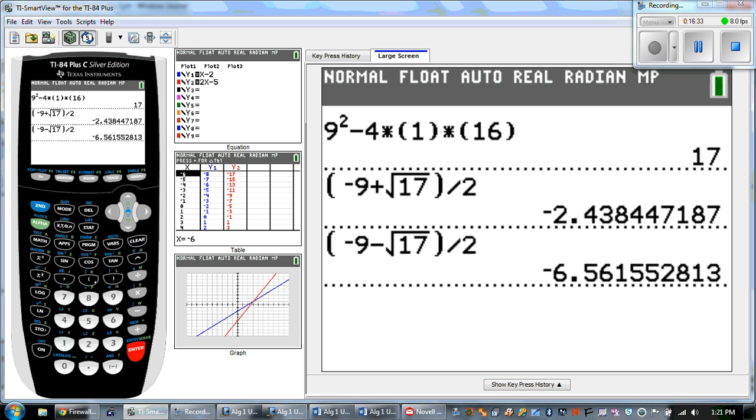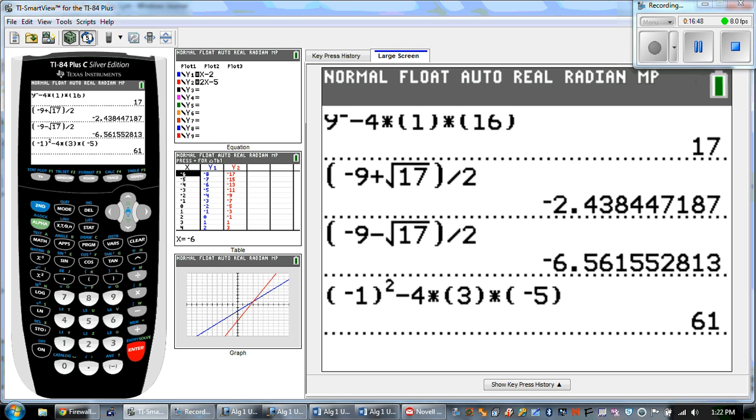And now we have to do -1 squared, make sure you put that in parentheses, minus 4 times 3 times -5. And we get 61.